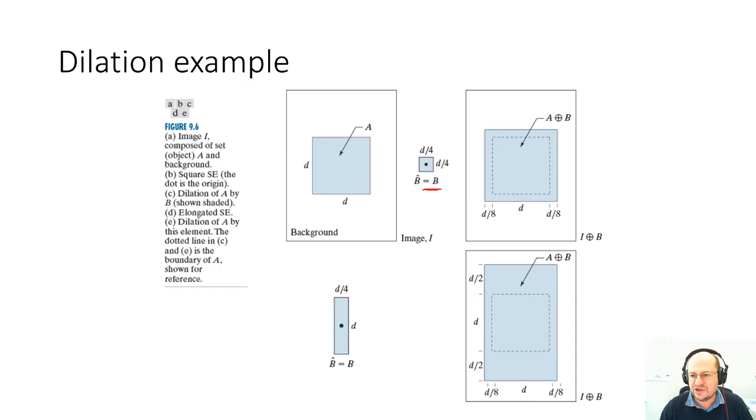This is the original square, and now we see that it actually grew on both sides. Now the same thing if I pass this kind of structuring element, then as a result of dilation, from a perfect square, what I end up having is an elongated rectangle.